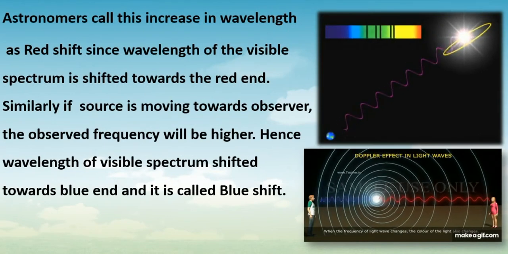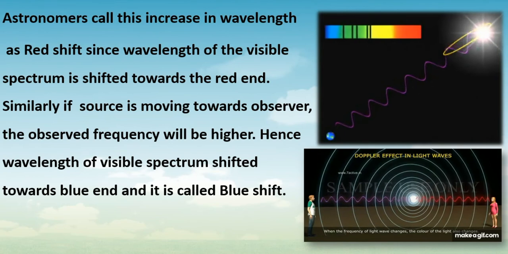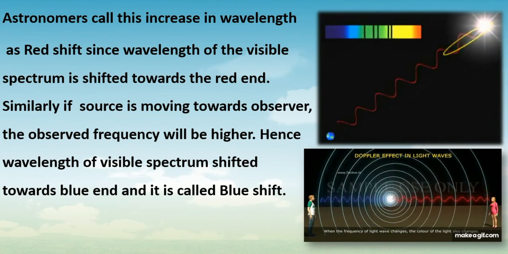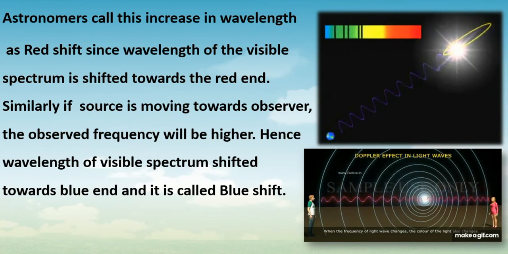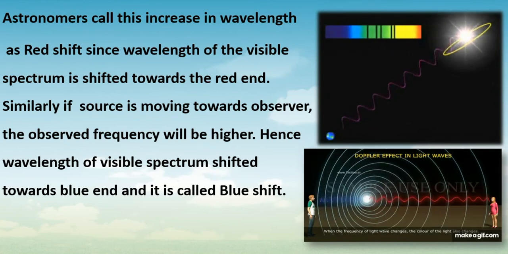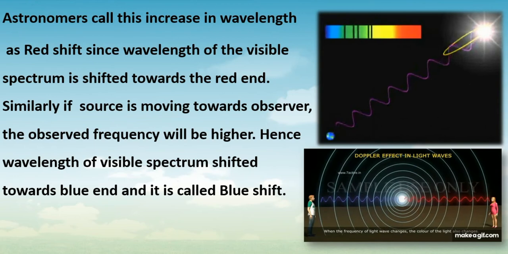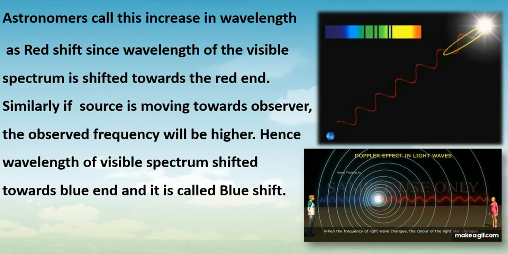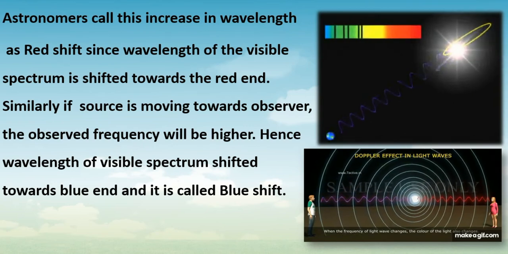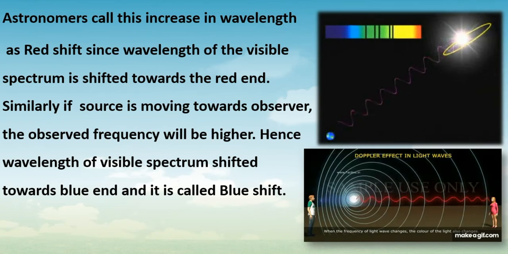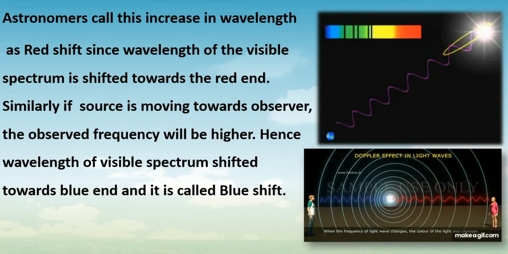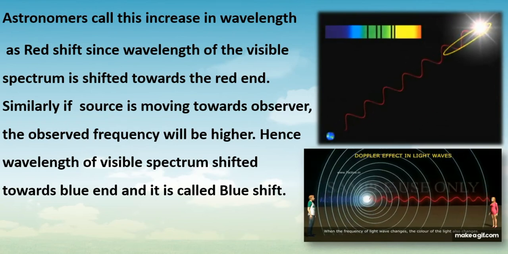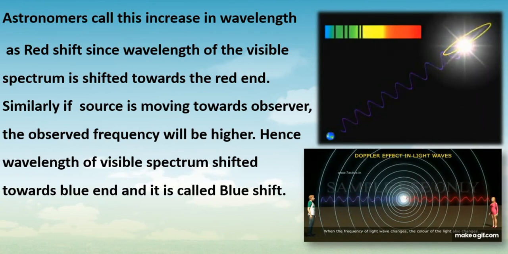So astronomers call this increase in wavelength a redshift. If the wavelength is increasing, then there is a lower frequency. They said this because the wavelength of the visible spectrum is shifted towards the red end. What astronomers observed is the wavelength of the visible spectrum. We know about the visible spectrum.